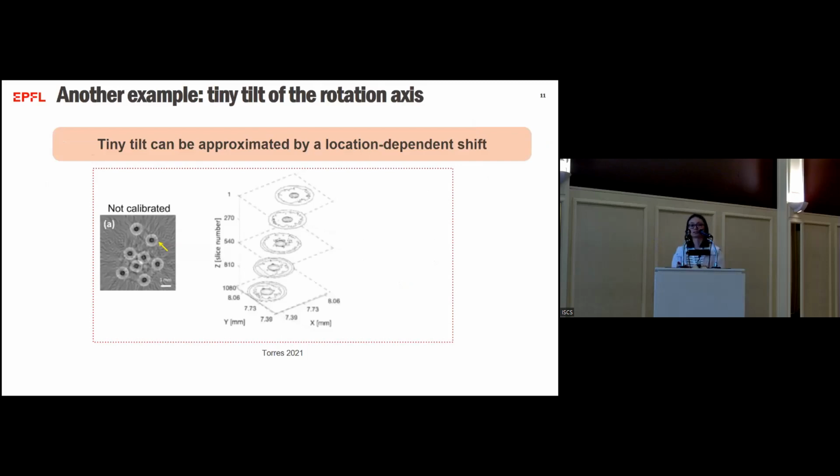We apply a shift correction method, the max variance method, on the top slice of the sample to find the center of rotation. Then we apply it again on the bottom slice, then fit the line. And now we have determined the center of rotation for each slice. Then we have a calibrated reconstruction image without artifacts.